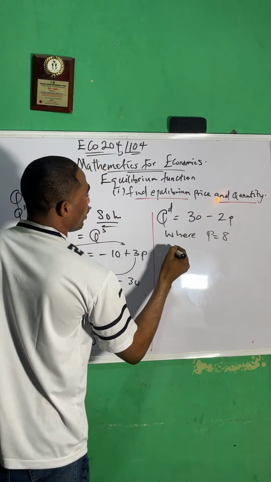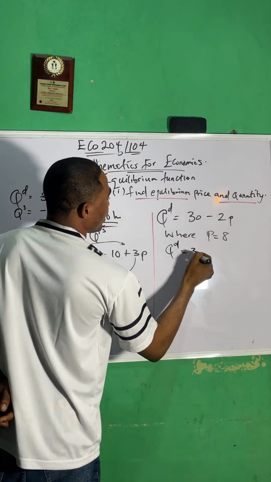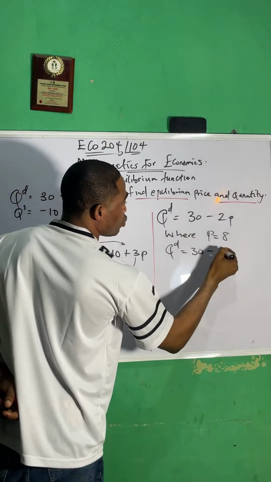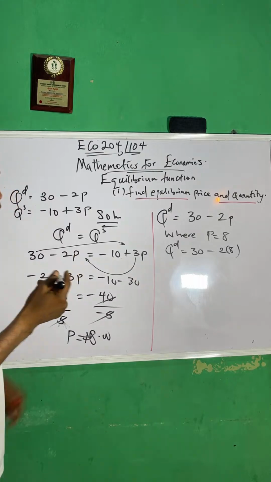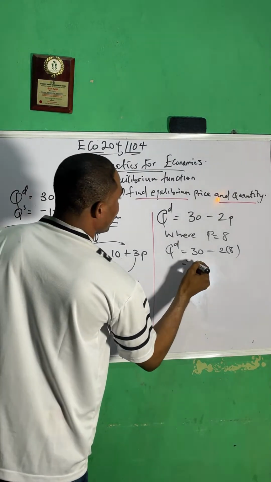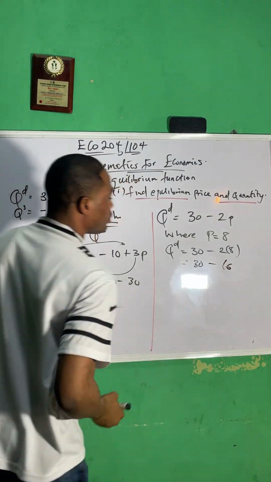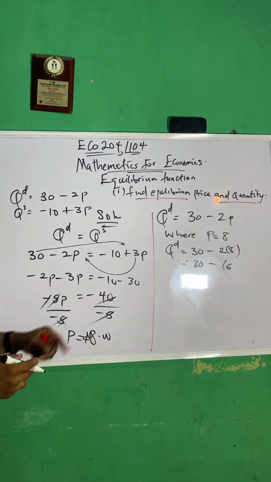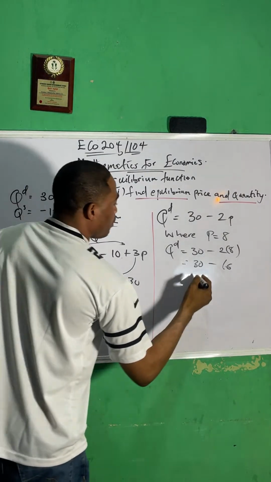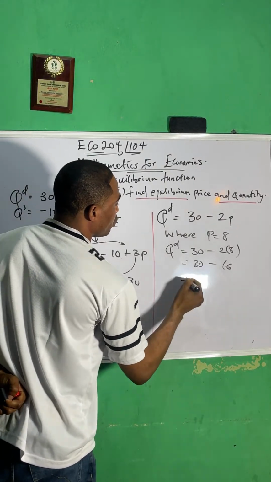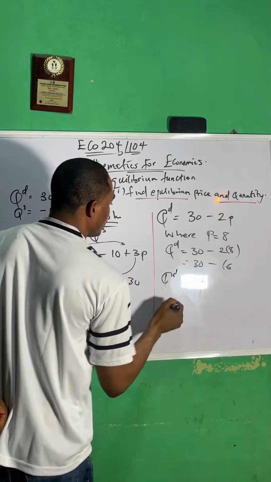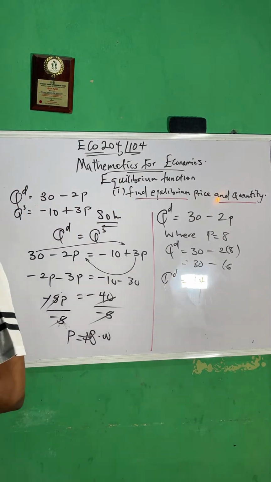Then you substitute, and the QD here will be 30 minus 2 into bracket 8. So 2 times 8 gives 16, and I'll be having 30 minus 16, and that means the equilibrium quantity is 14.